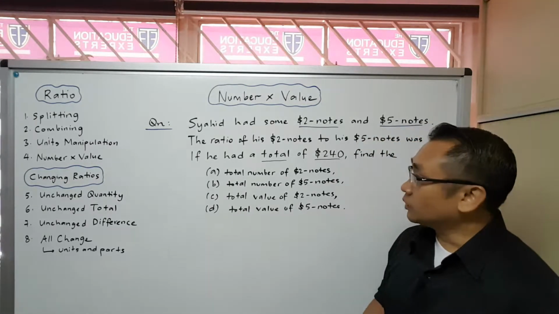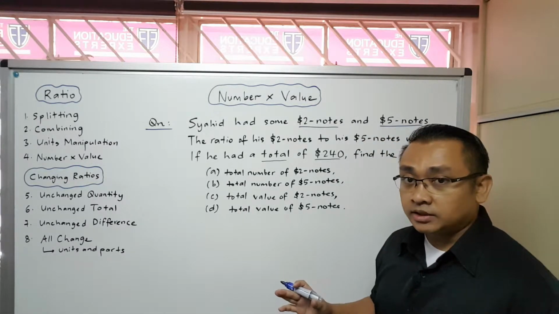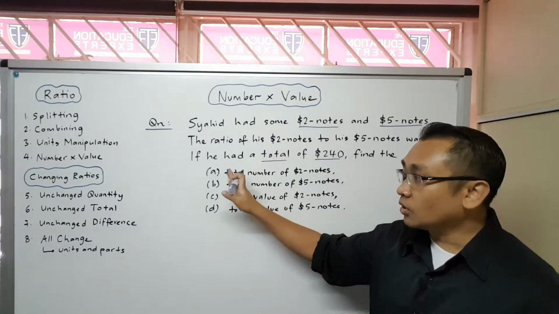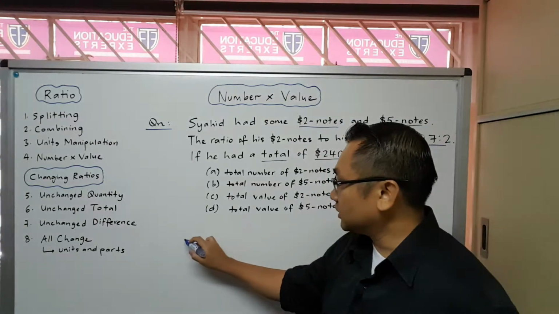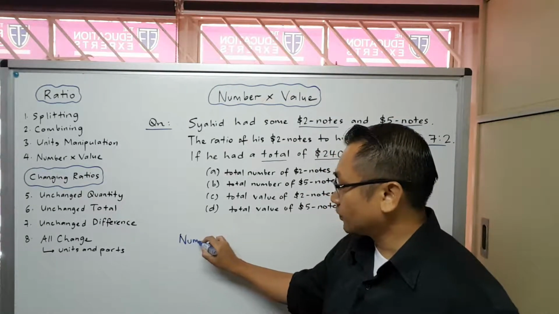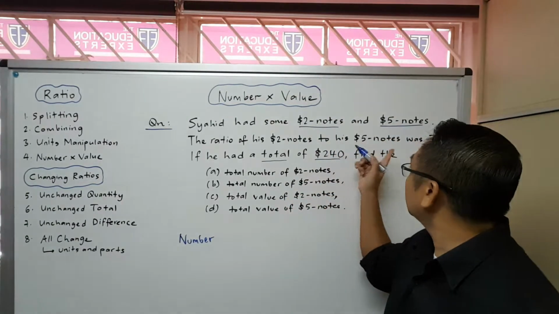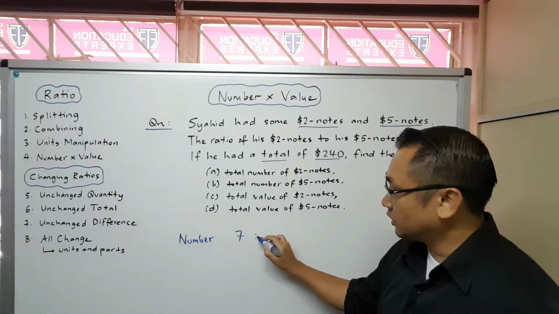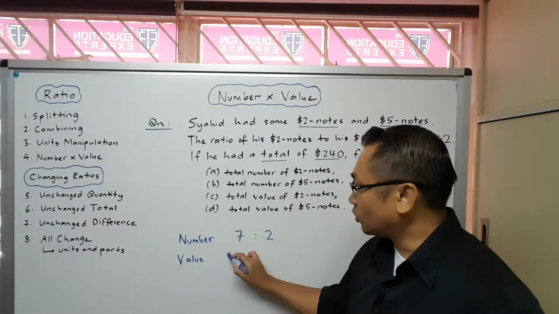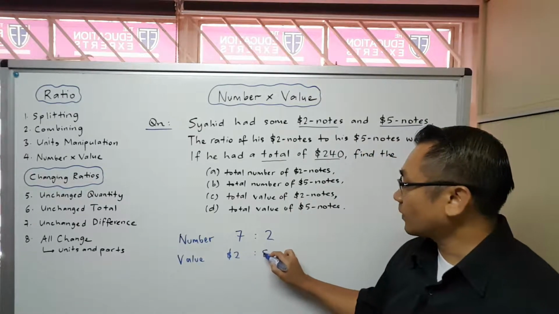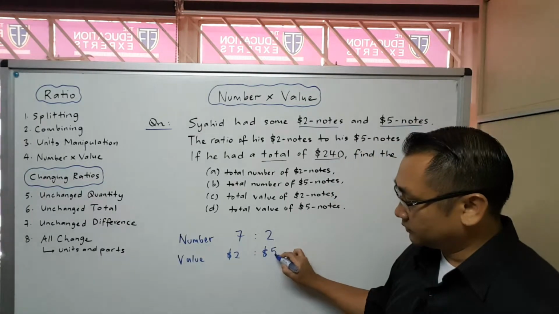Okay, so now let's draw the number times value method so that we can find the answer to all these 4 questions. So what is the number ratio? The number ratio is 7:2. And the value is $2 to $5.